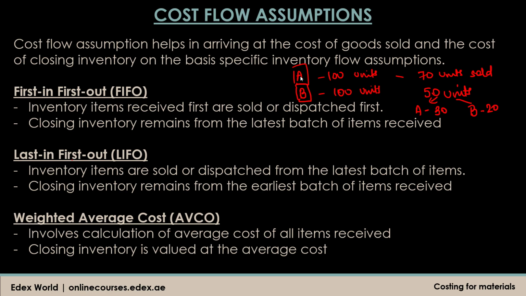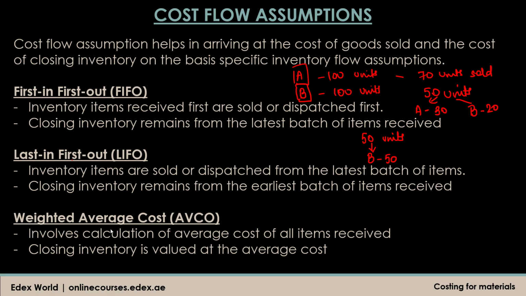For example, in our example, after batch B was received and we had to issue 50 units, in FIFO we did 30 from A and 20 from B. But if we are following LIFO, we would issue the entire 50 units from batch B, because that is the assumption in LIFO.